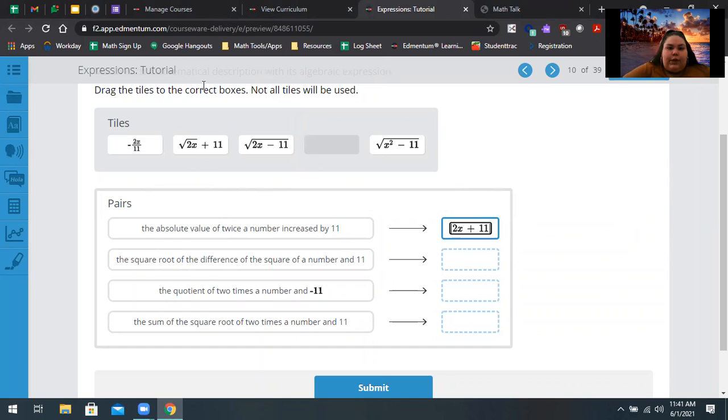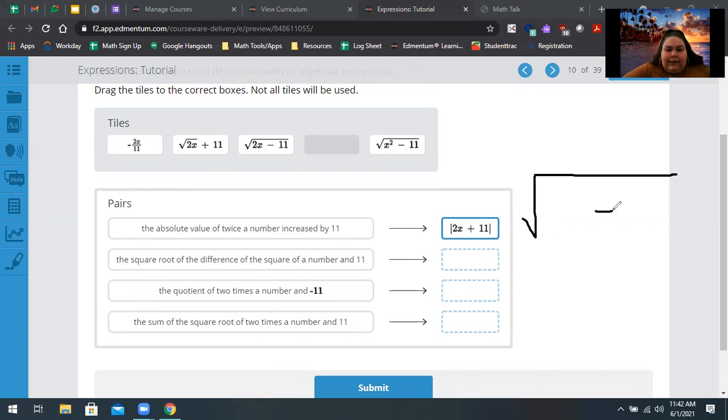Let's take a look at the next one. The square root of. So here's my of. Everything after of is pretty much going to go inside my square root. So let's draw a square root button. The difference of the square, so we have a minus in there, of the square of a number. Oh, let me take that back for a quick second because I am messing up on my own ofs.